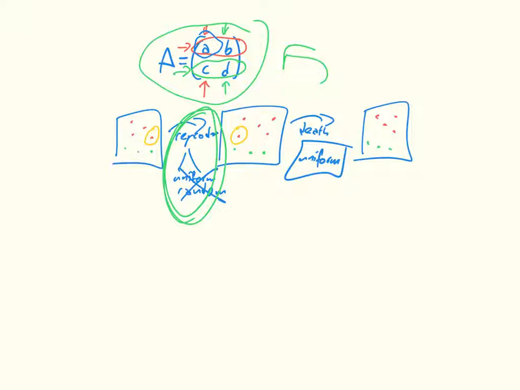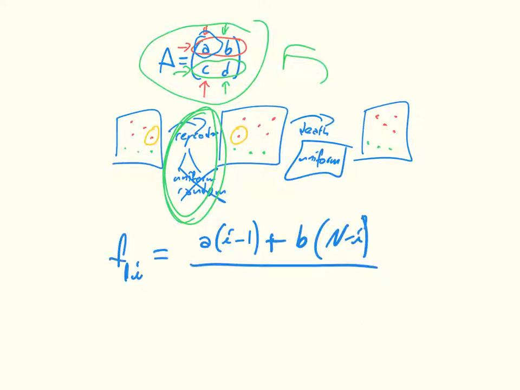So we'll write down the fitness of an individual of the first type when there are I individuals of the first type. Well, they're going to get an A I minus 1 of the time, right? So there's I minus 1 individuals of the first type, so those individuals will contribute A. The B will occur n minus I of the time, and we divide that by n minus 1.